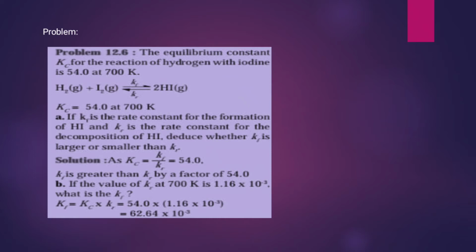Students, as we know, Kf equals Kc times Kr, which is 54 times 1.16 times 10 raised to minus 3, and after multiplication you will get the answer 62.64 times 10 raised to minus 3.